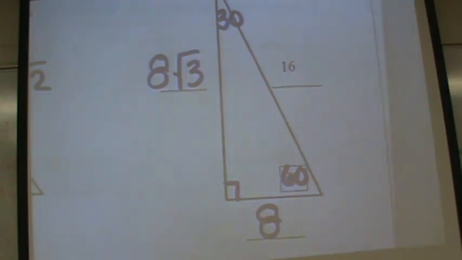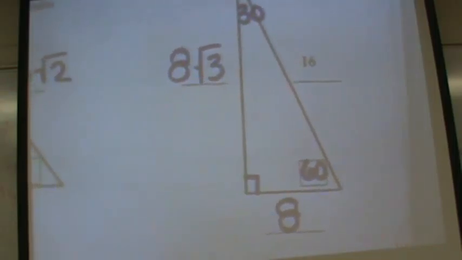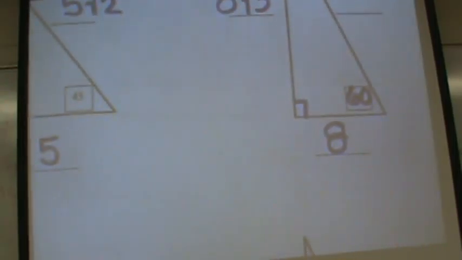If you go back to the day that it was proved, it was Tuesday. If you want to grab those notes, the proof of why it's 8 root 3 is the relationship. If you want, I can show you how to prove it. But that was Tuesday. I'll go back over that with you. You have to do the Pythagorean theorem and all that.